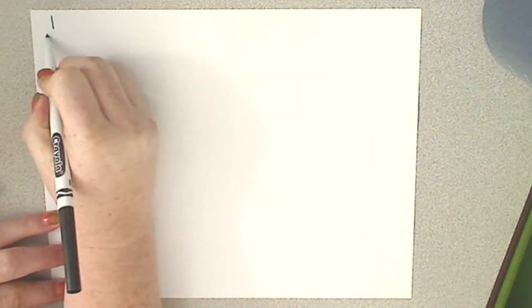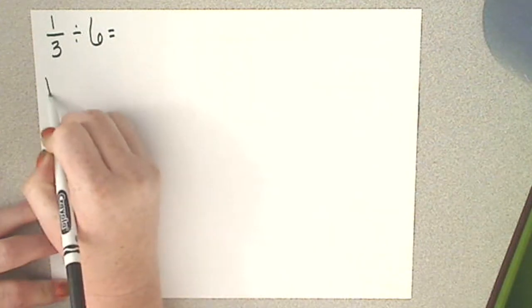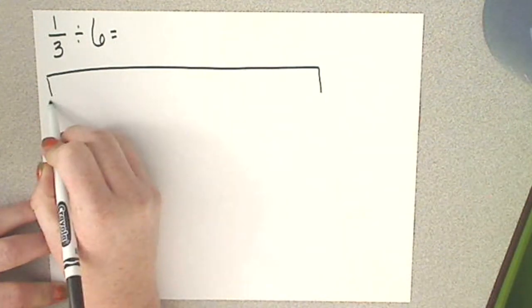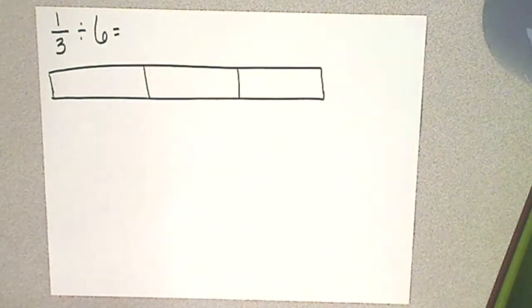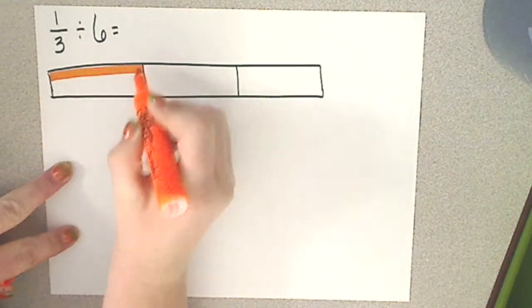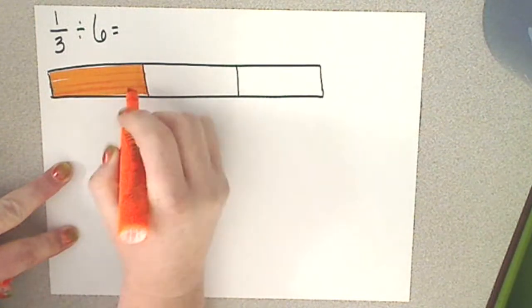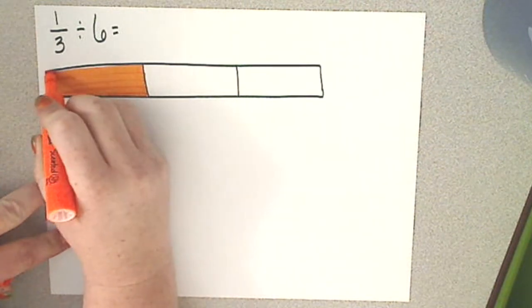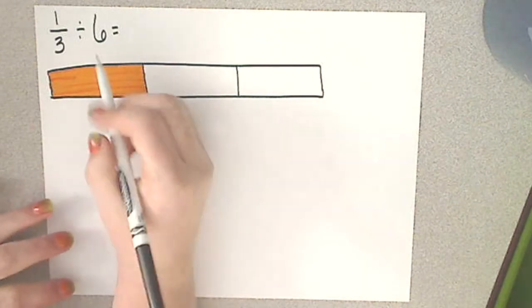All right, our next example is 1/3 divided by 6. I need to show 1/3. So once again, I'm going to use my bright color. That way I can easily write on it. And now I need to split my shaded region into 6 pieces.